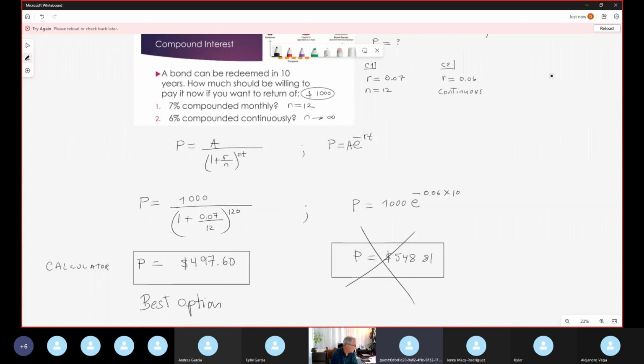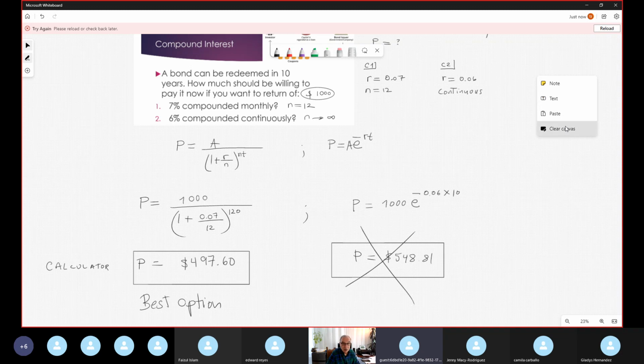Okay. I promise that in the review package we will go over this kind of finance problem again. But now I want to change to problems of physics or biology. They involve exponential and logarithmic equations.